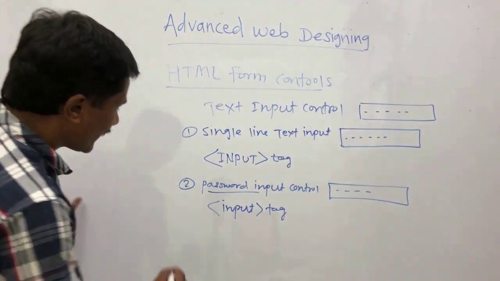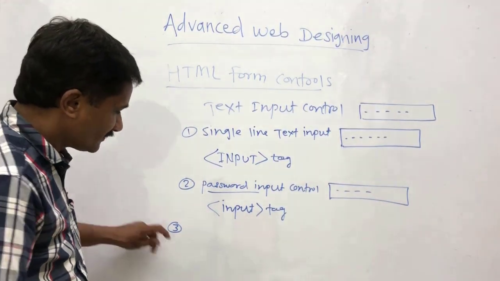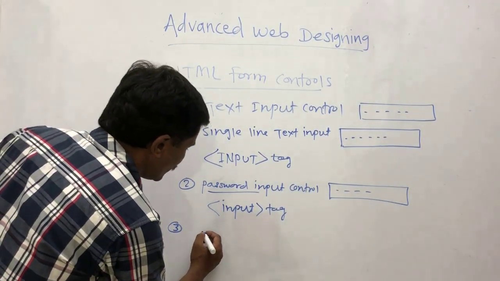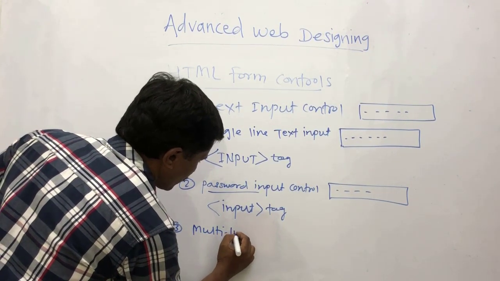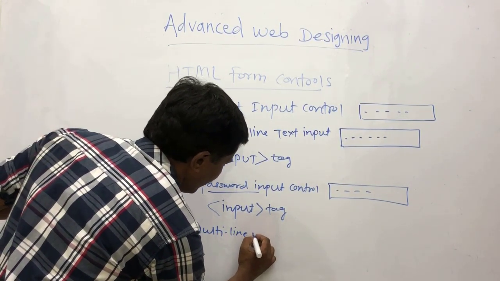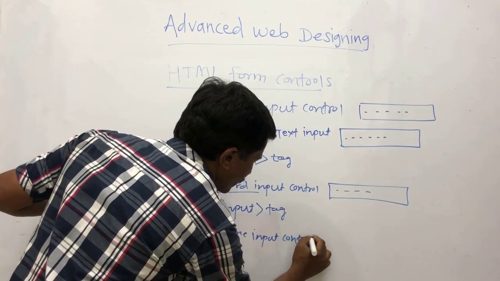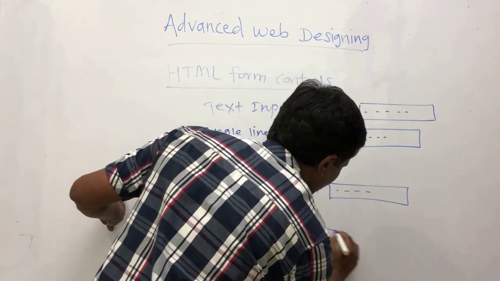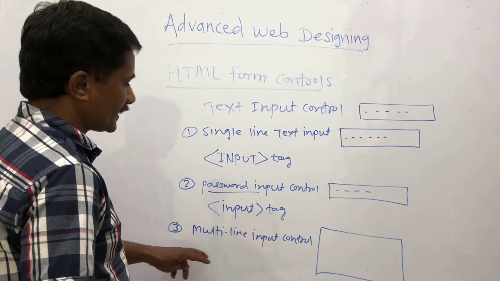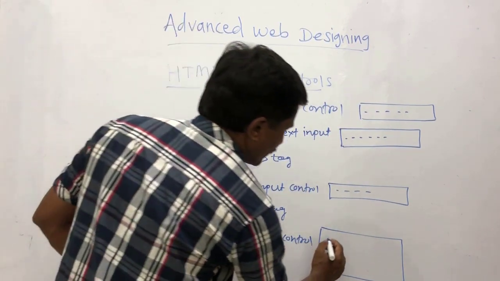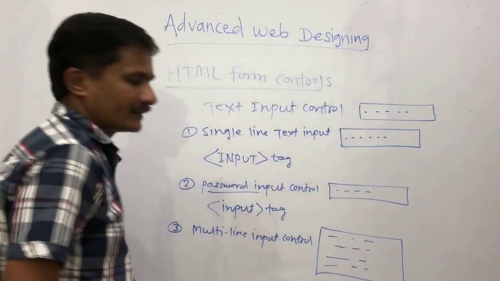Okay, next, the third type is the multi-line input control. In this element you can use multiple lines in the text box.